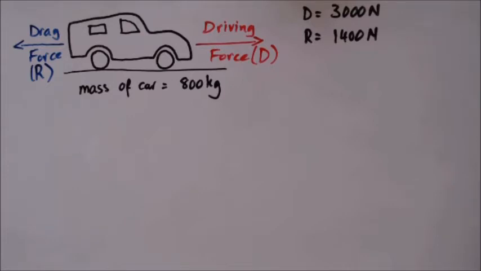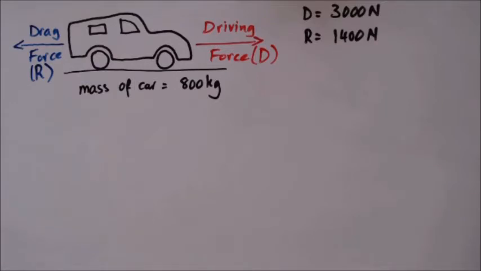So put another way, Newton's second law says, if we have a resultant force which acts on a body, which is not 0 newtons, then that body will either speed up or it will slow down. Whatever it does, speeding up or slowing down, will be in the direction of the resultant force. And that speeding up or slowing down, that acceleration, its size will be proportional to the resultant force.